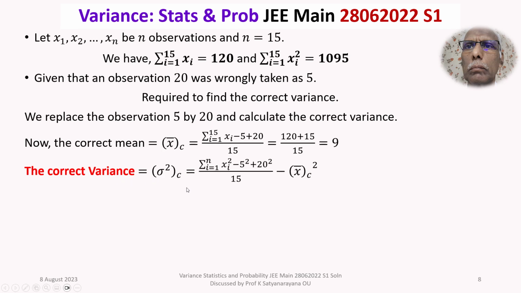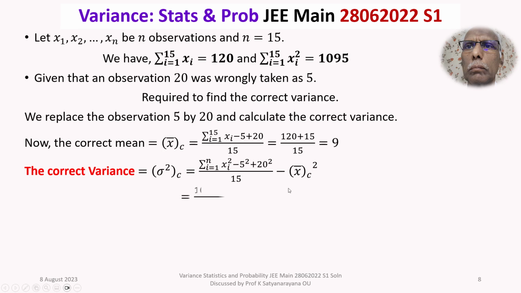that is equal to the sum of xi square, subtract the square of the erroneous observation, that is minus 5 square, and add the square of the correct observation, 20 square, by 15, minus x bar c, the correct mean square.